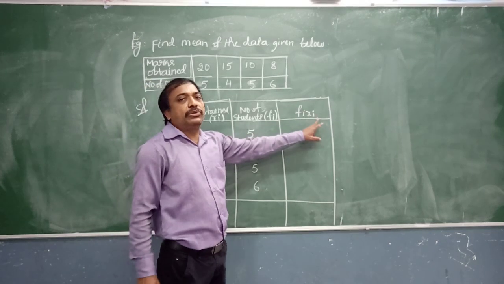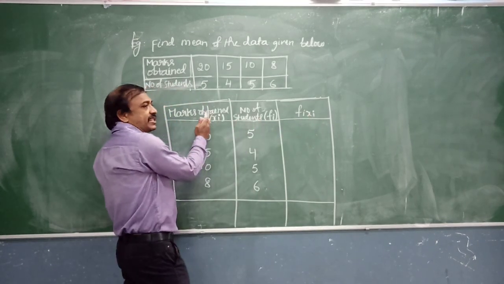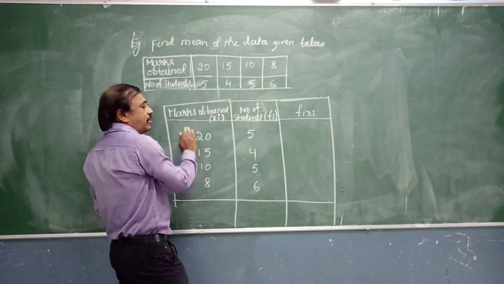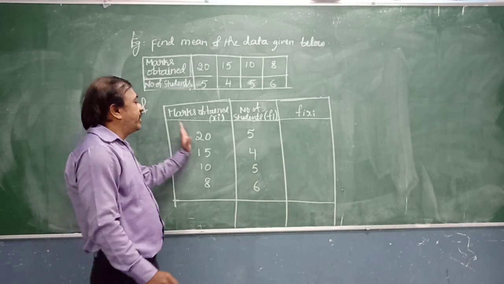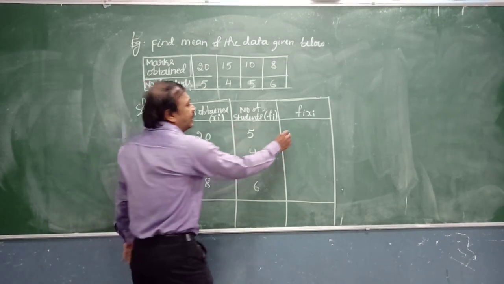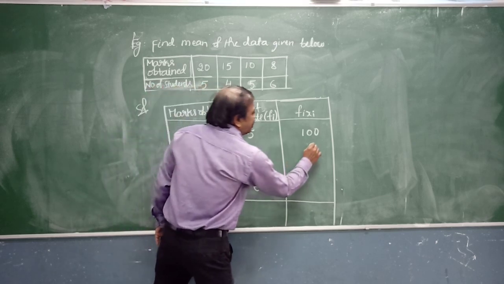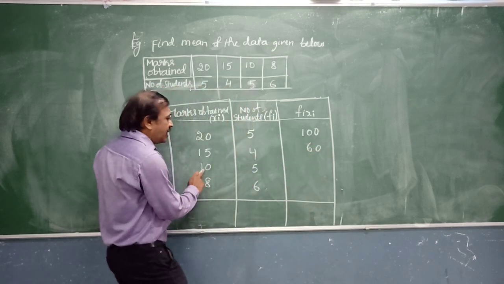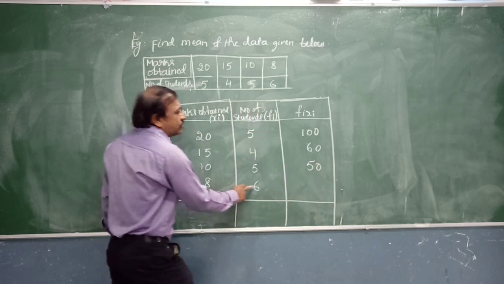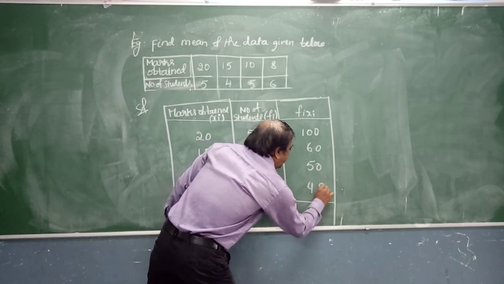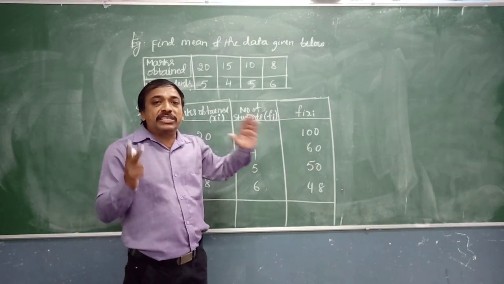Now fi into xi, the product: multiply these two, either this into this or this into this, using the commutative property. 20 into 5 is 100. Next, 15 into 4 is 60, 10 into 5 is 50, then 8 into 6 is 48. So we obtained the fi xi products.